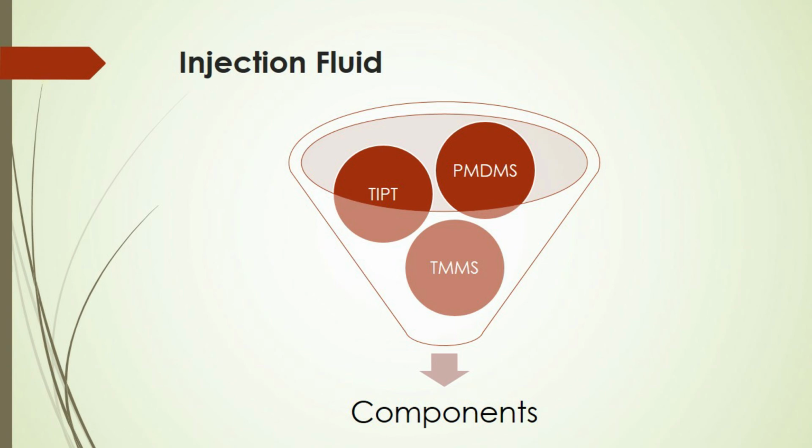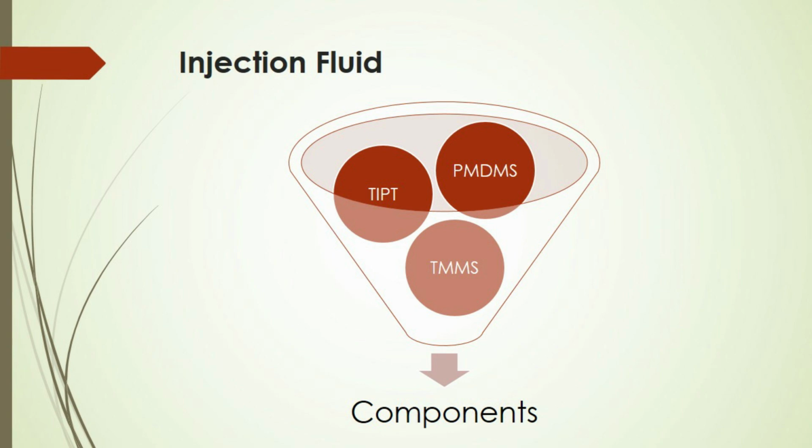TIPT also interacts with water to make what we call titanium dioxide or TiO2 nanoparticles, which have high dielectric characteristics and function as a nanofilter, filling gaps caused by water trees with these titanium dioxide nanoparticles.